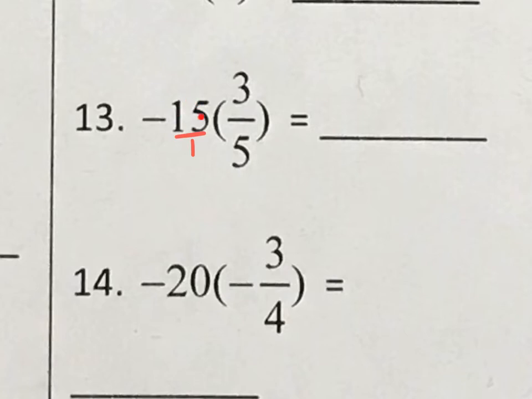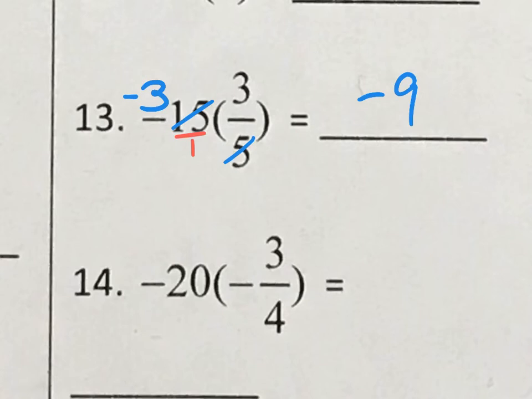Because if you have a 15 up on top and a 5 on the bottom, that's like 15 divided by 5, or 15 over 5. What is 15 over 5? 3. So if I take the 15 and the 5, I'll have a 3 left over up on top. And let's not forget that it's negative. So I have a -3 instead of a -15. And then on the inside of the parentheses, I have a regular 3. So I really have a -3 times 3. That's a -9 as a final answer.